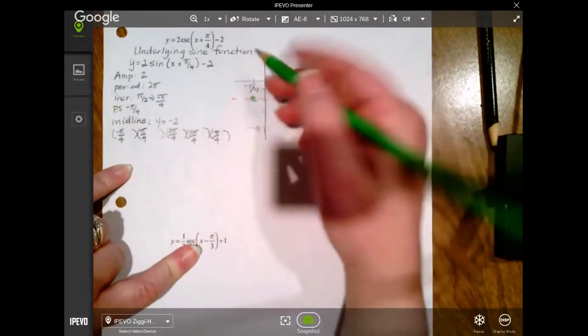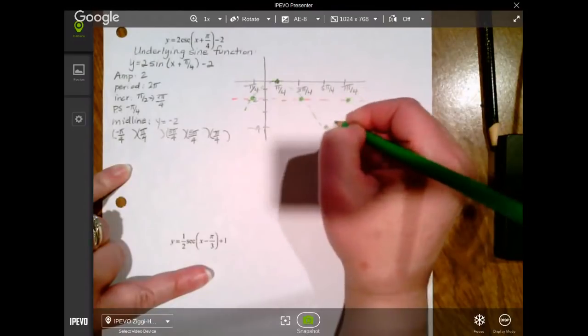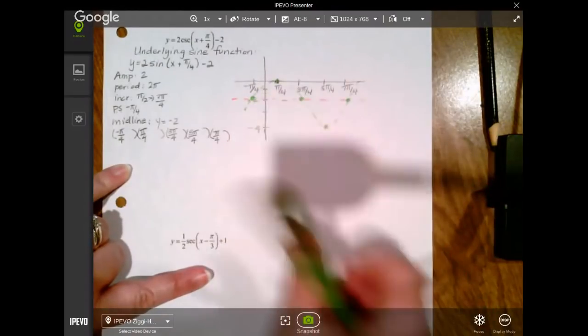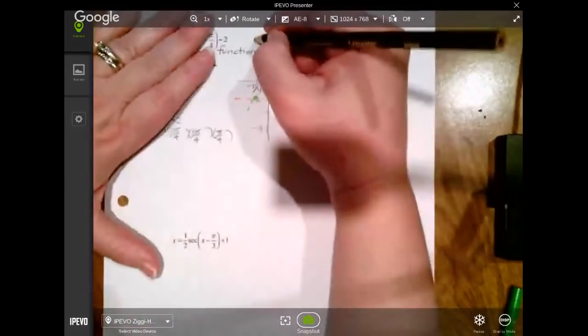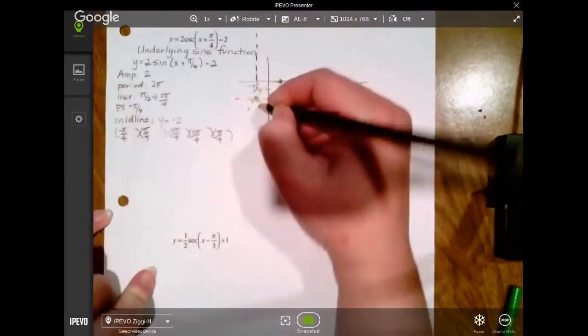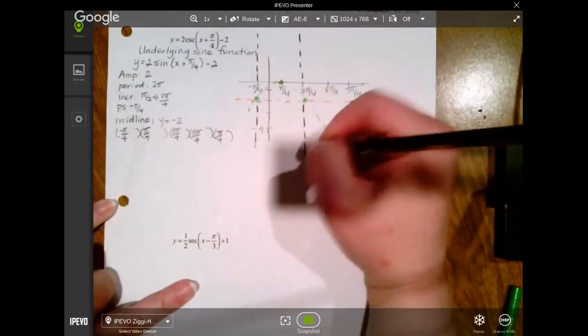so I'm going to graph it dashed. And know that wherever it hits the midline is where my cosecant graph is going to be undefined. So it's hitting the midline at these locations.